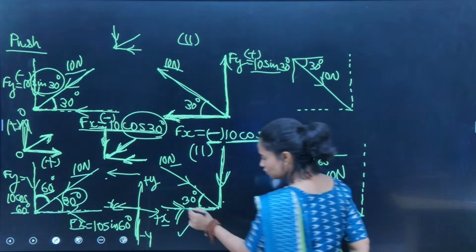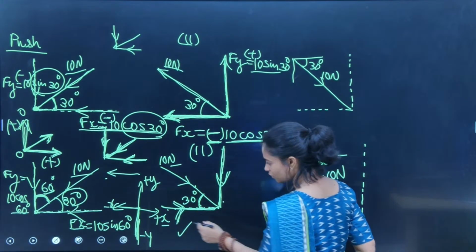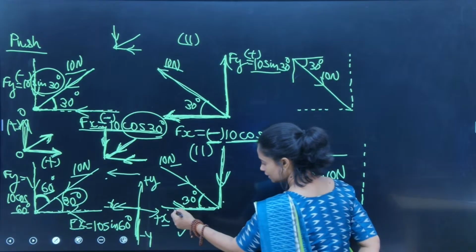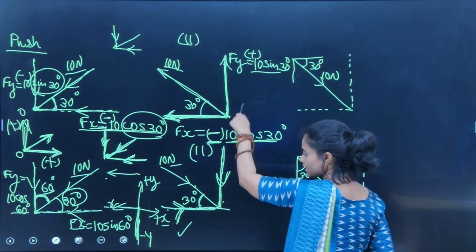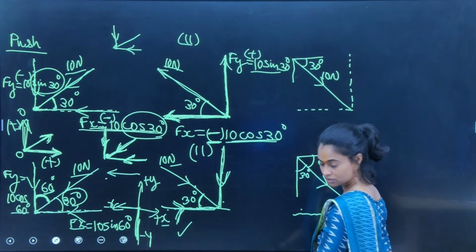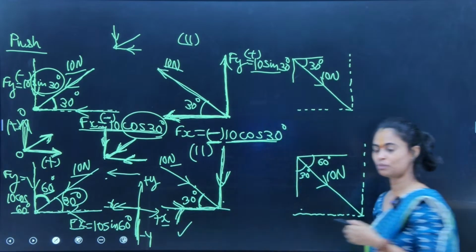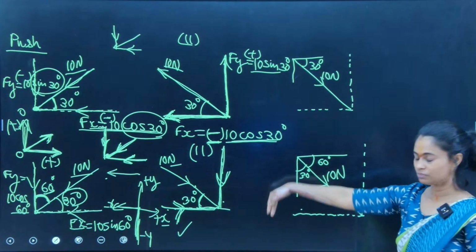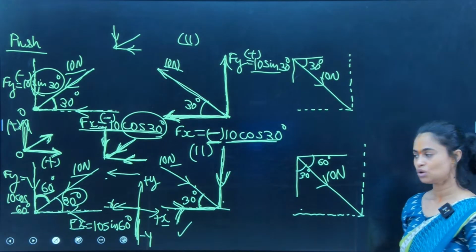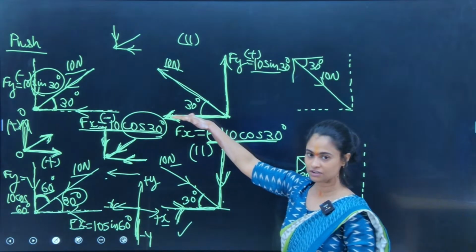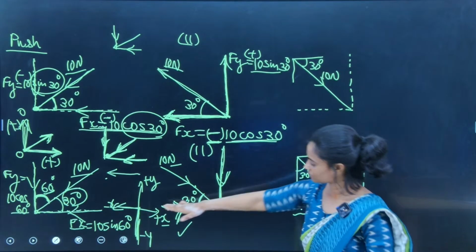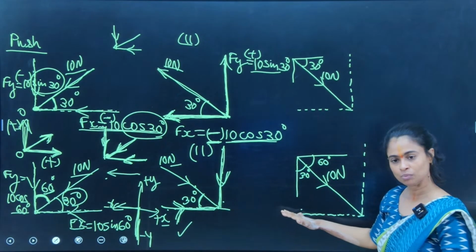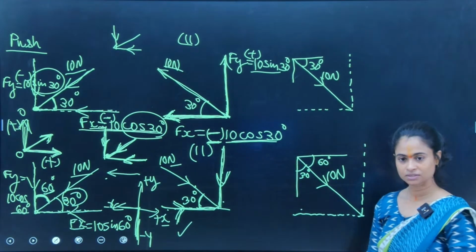Now see, when the forces are coming towards the point where they are acting, the Fx is acting towards right, Fy is acting downwards. So towards right means positive, downward means negative. Towards left means negative, upward means positive. The reverse is happening. Rightwards positive, downwards negative.